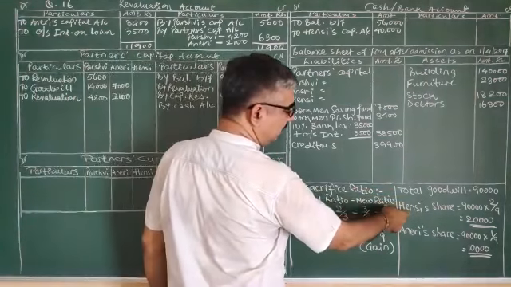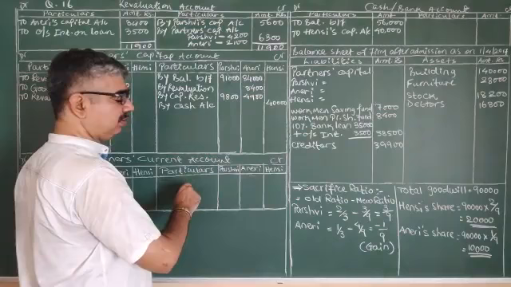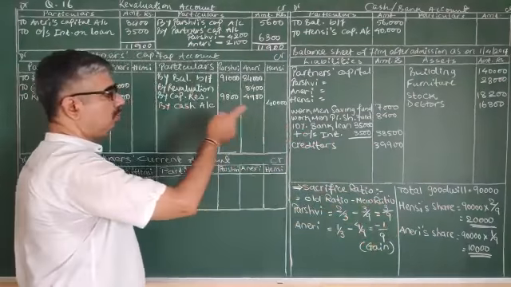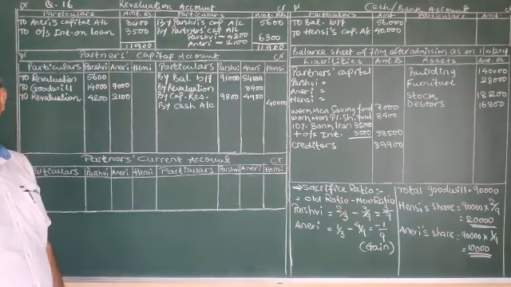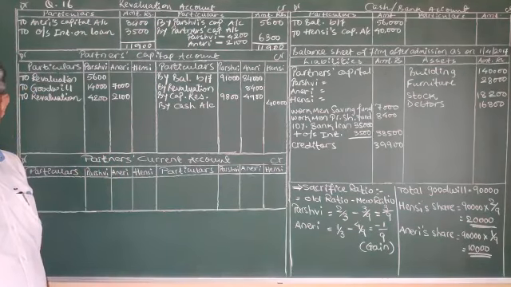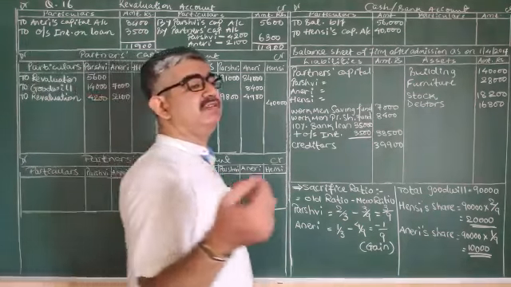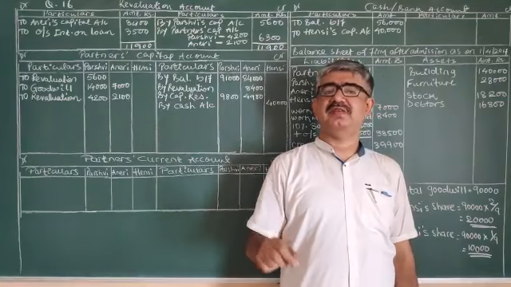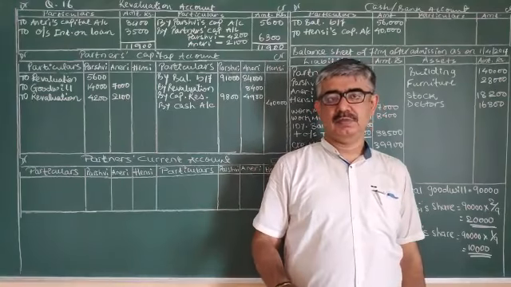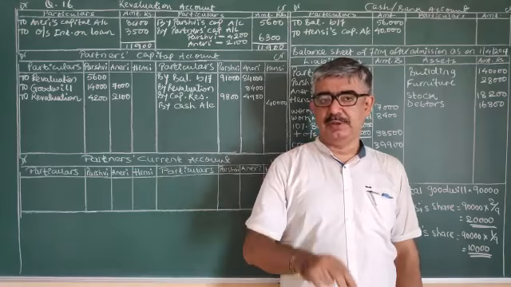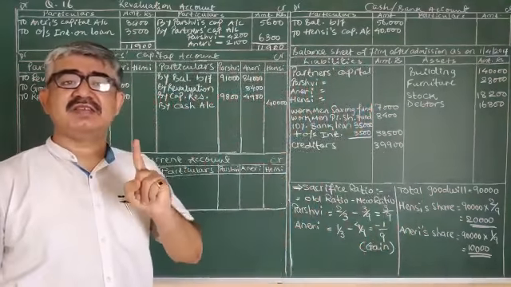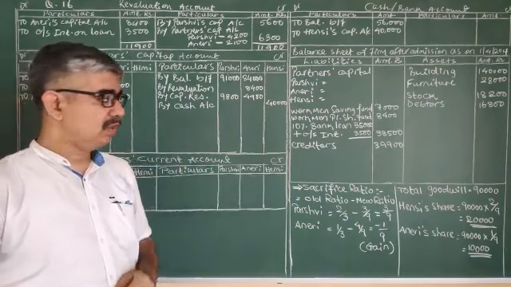For Hence, you have to debit current account. For Aneri, you have to debit capital account. Is that clear? Why? Because we are adjusting our closing capital on the basis of current account. And listen carefully. For that, we are taking Hence's capital as base.